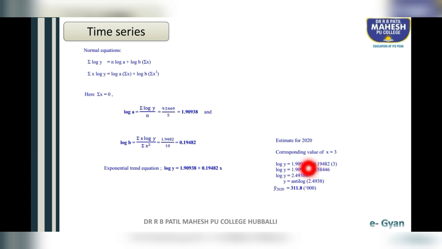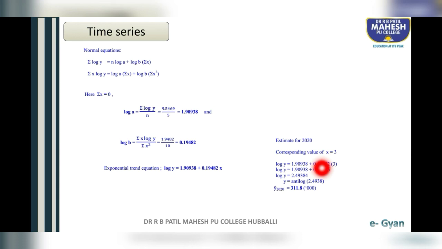2.4938. To find out the antilog of this, students, using the antilogarithm table, 0.49 under 3 is 3112. And corresponding to 49, the mean difference under 8 is 6.